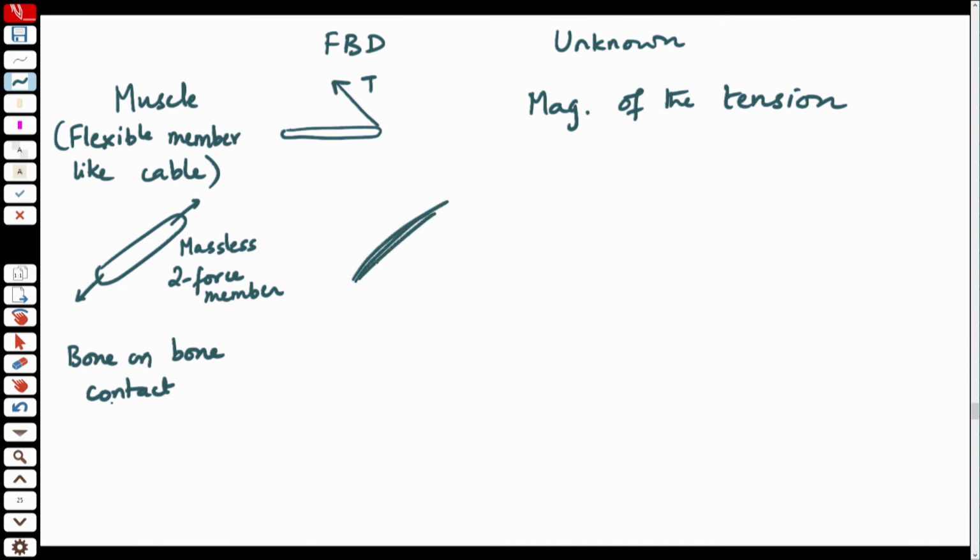So, you basically say that, and the unknown would be the magnitude of the force, because we are not really taking into account the mass of the muscle when we do this analysis. So, we say whatever tension is developed at one end is the same tension that is developed at the other end.